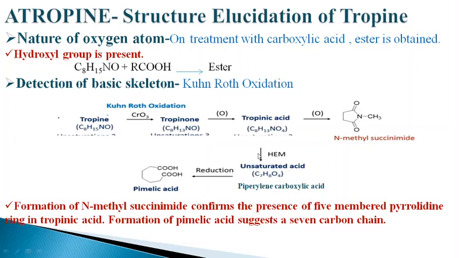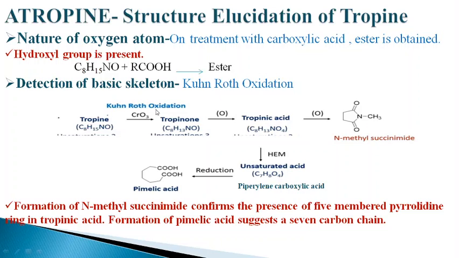This means this tropinic acid is a dicarboxylic acid, meaning degradative oxidation has taken place, opening the ring and converting it into a dicarboxylic acid, with COOH and COOH. On further oxidation, this tropinic acid forms a compound of known structure, N-methylsuccinimide.